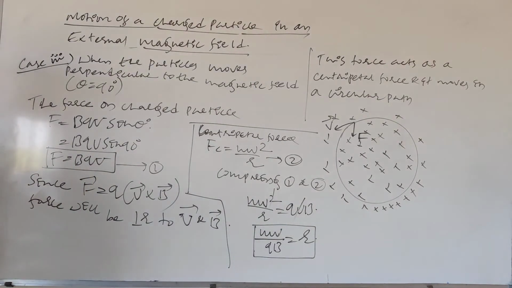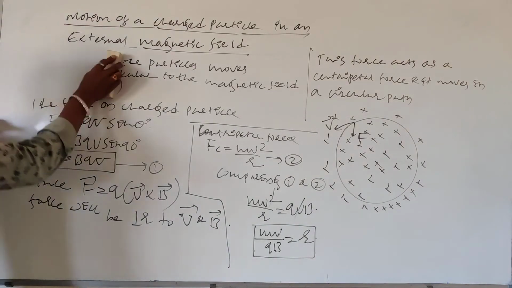So this is the third case, where the particle moves perpendicular to the magnetic field. Right. So here, the time period of the particle. I am going to discuss it.